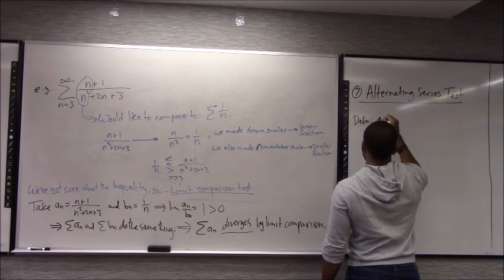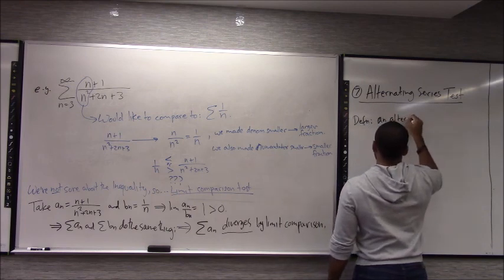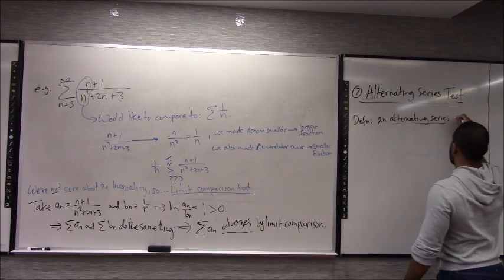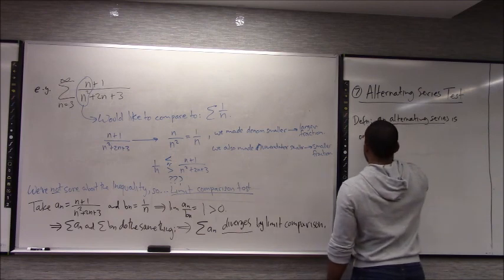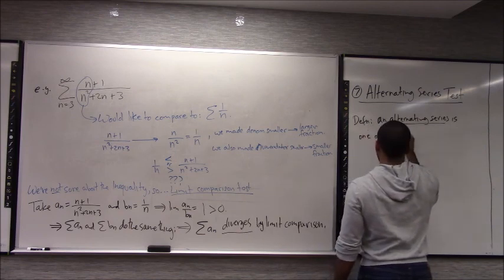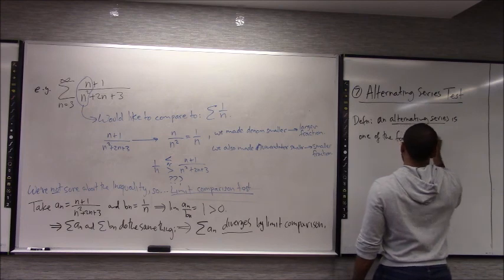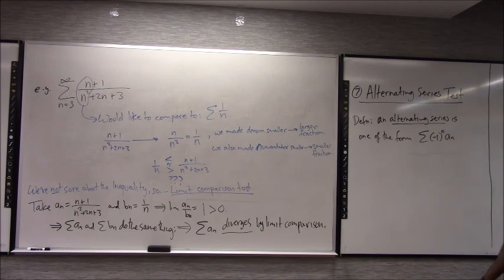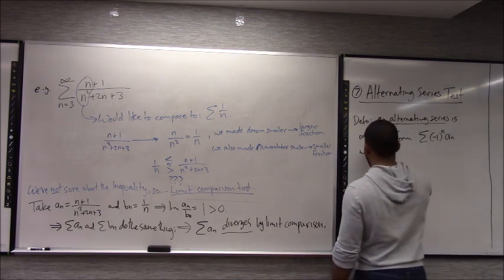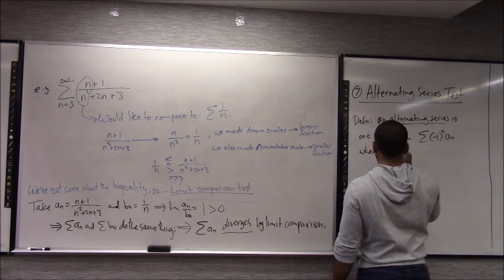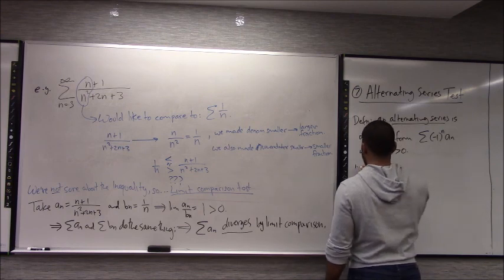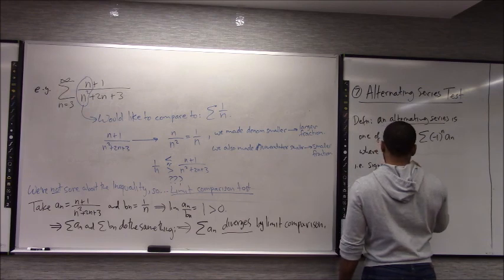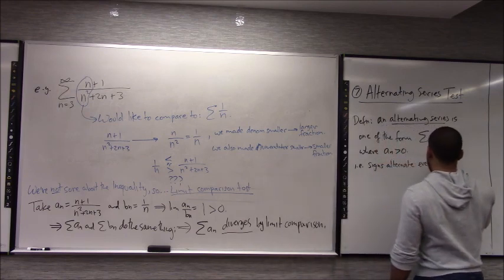An alternating series is one of the form (-1)^n a_n, where the a_n's are always positive, i.e. signs alternate every term.